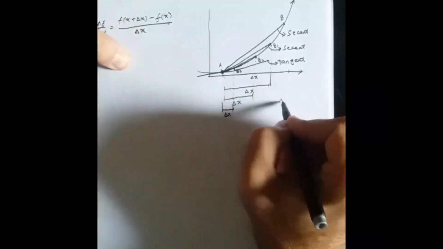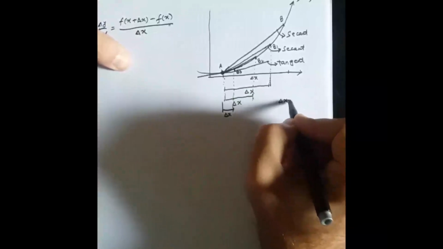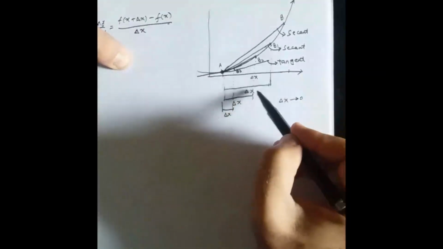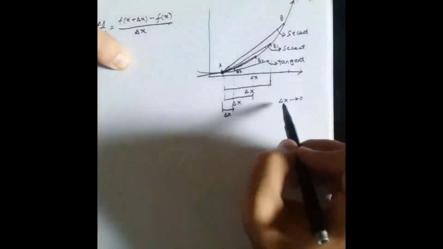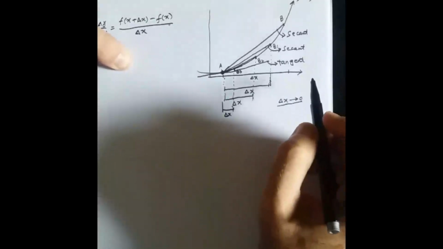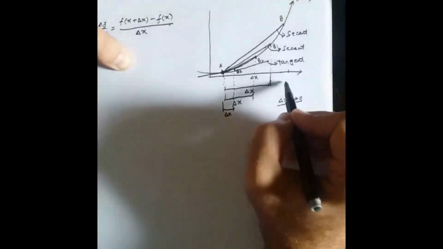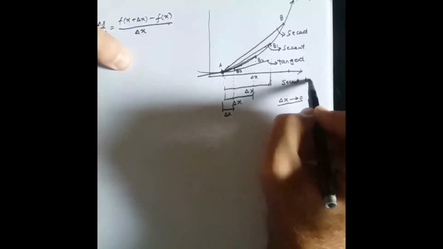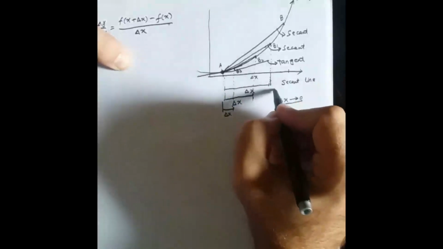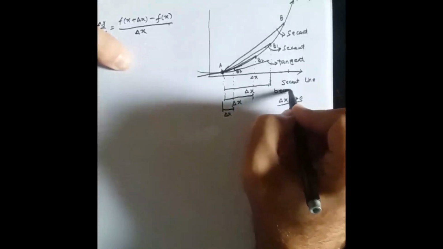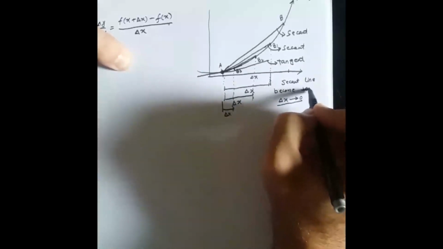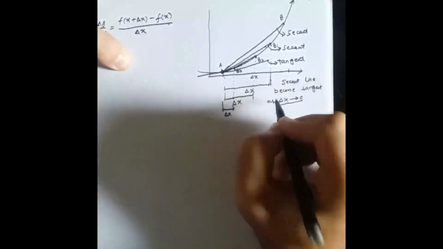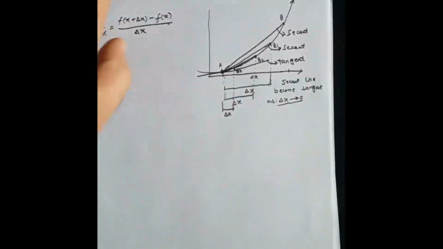Delta x approaches 0. From here we see that delta x reduces, meaning delta x approaches 0. So the secant line becomes the tangent as delta x approaches 0.